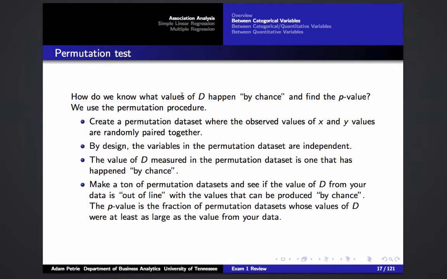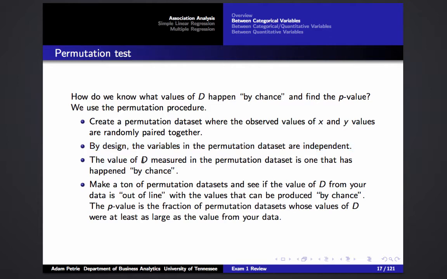So how can we figure out what values of D happen by chance? How do we get this p-value? Well, we run the permutation procedure. Basically, we take the values of x and y that we've observed, and we create a permutation data set by randomly pairing up the observed values of x and y. By design, in the permutation set, those values of x and y are independent because they were paired at random.